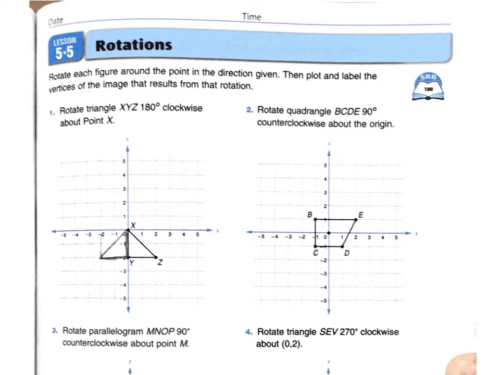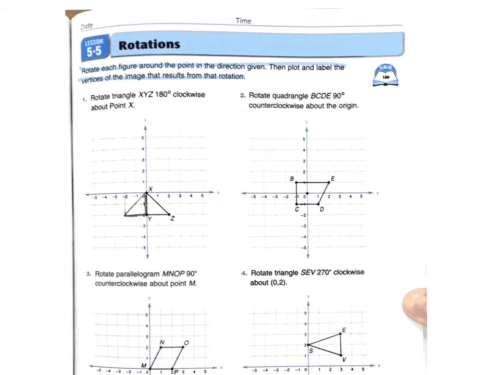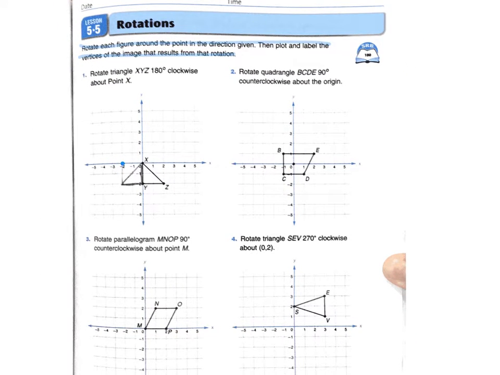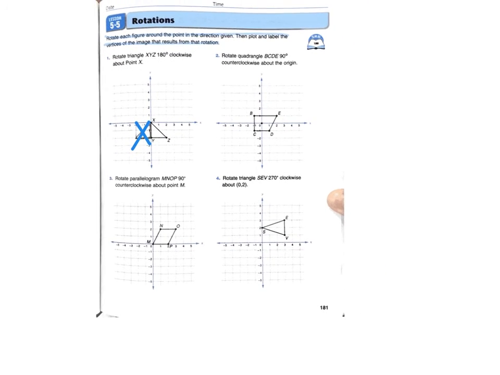All right, looking at the next page, page 181, we're moving to rotations. Now, I like to be able to show you in person how to do a rotation. You can see on this page it's already been started. So what we're actually going to do is when you get to this point, if you feel comfortable trying, you can go ahead and give it a try. But I would actually like to work with each group on this.